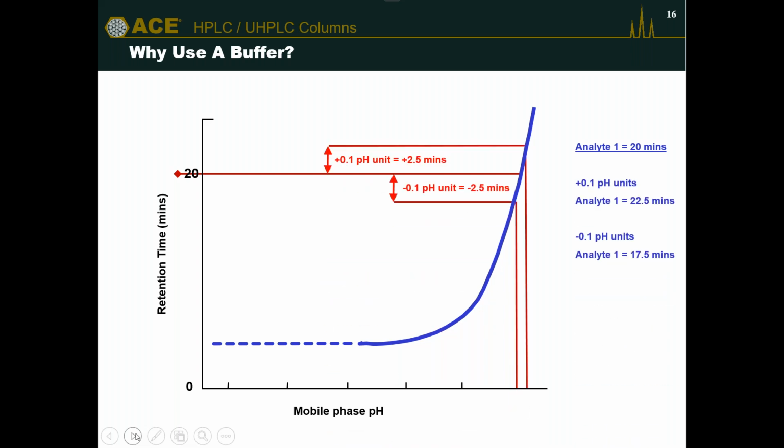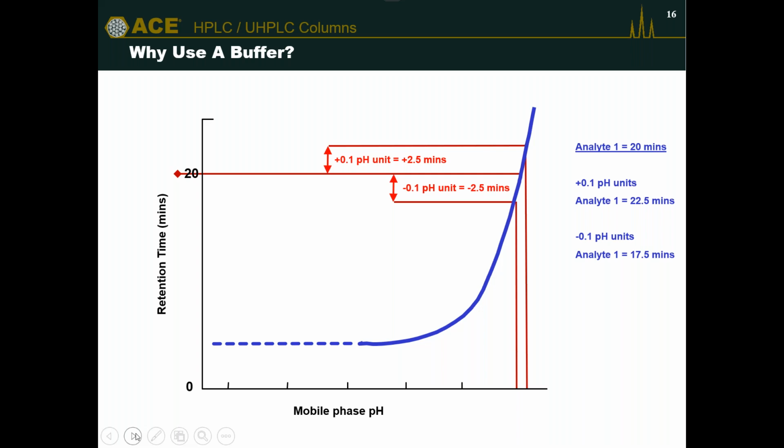Now, very small changes, so 0.1 pH unit change, can cause a significant change in the retention time. So if I'm not running my system with a buffer and something slightly changes in the mobile phase composition, that pH changes, I'm not buffering it, then I can get significant changes in retention time just because it's not a buffered system, I'm not controlling the pH, and I'm too close to this analyte pKa.